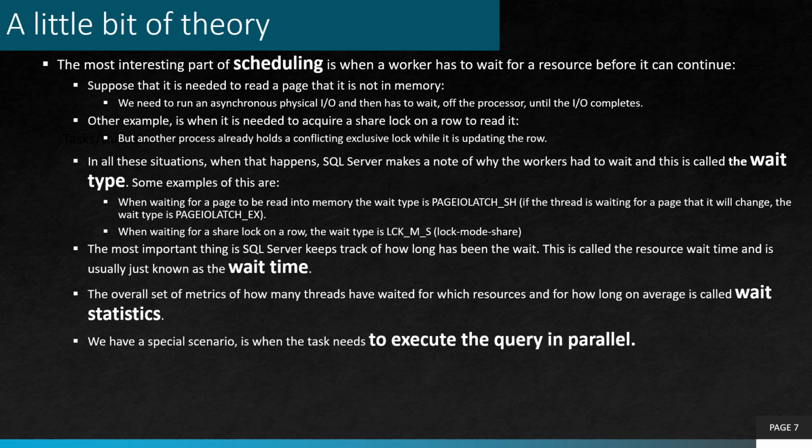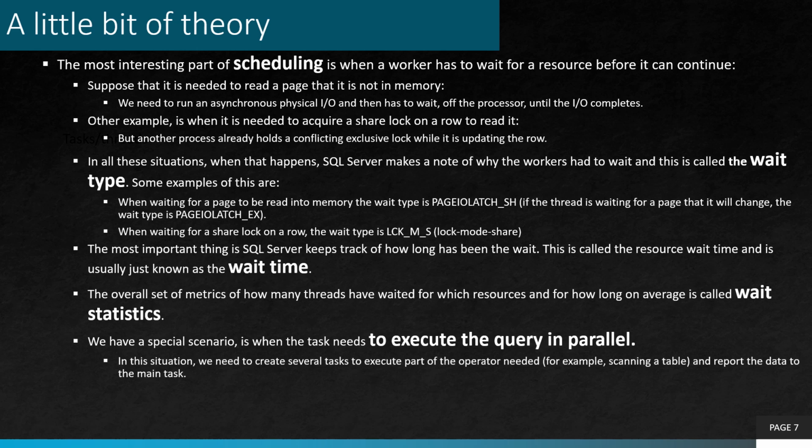This is a set of metrics. We also have a special scenario when we need to run the query in parallel. In the beginning, all queries are going to run in serial, but sometimes SQL Server thinks, hey, I need to run this in parallel. For this reason, SQL Server is going to create multiple tasks from one task.